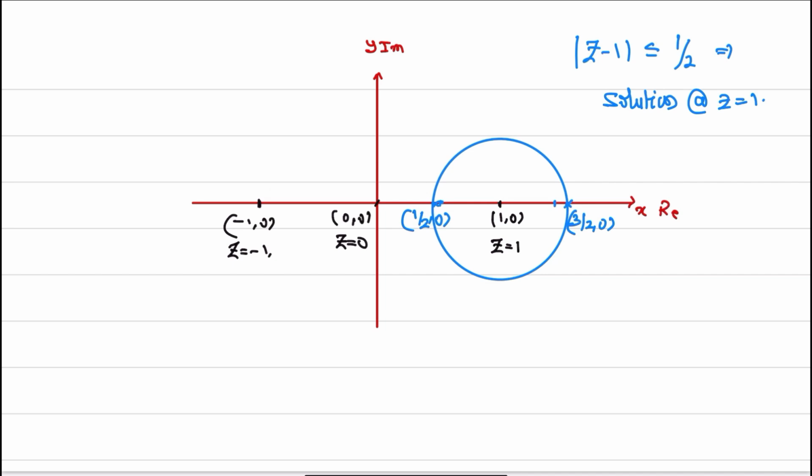At Z is equal to 0, it is outside the region. At Z is equal to minus 1 also, it's outside the region. For the singularity Z is equal to 1, there is a possibility of solution provided modulus of Z minus 1 is less than or equal to half. We have to draw the region and understand the meaning and then answer the question.